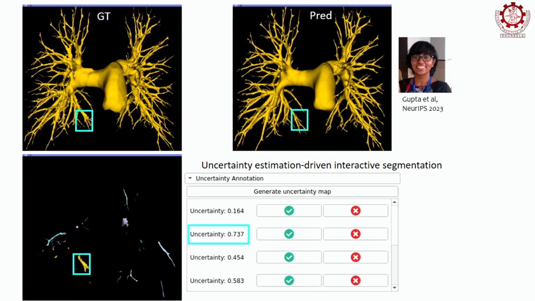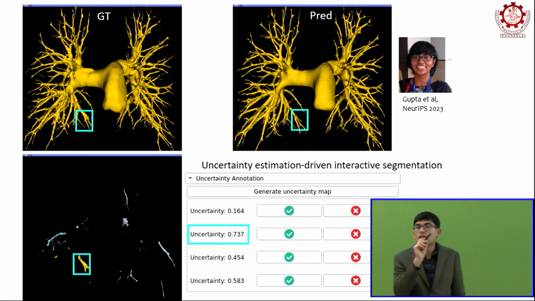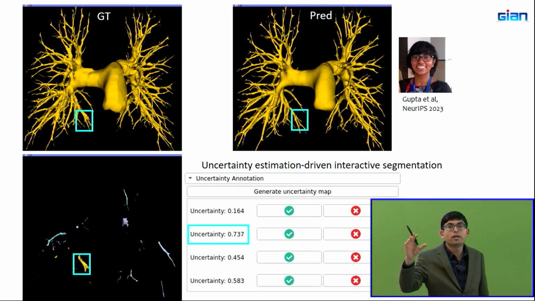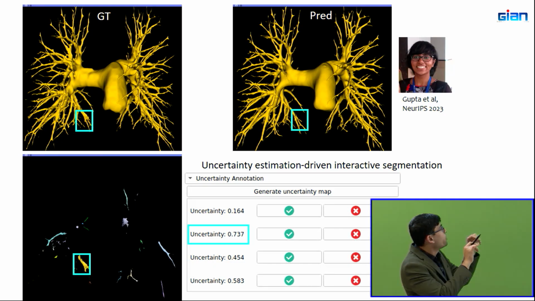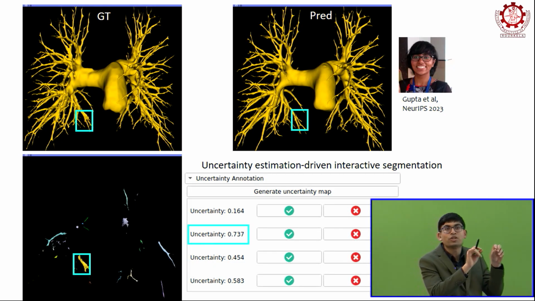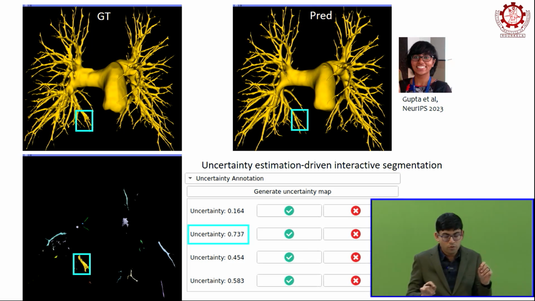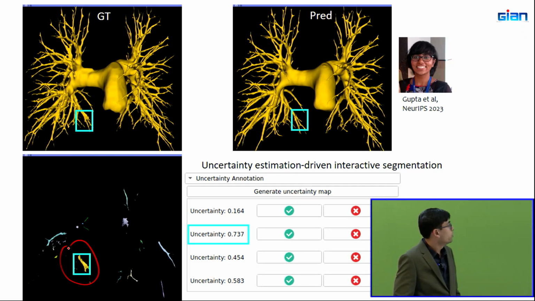certain regions on the left and the prediction regions on the right. If you look closely, you can clearly see these subtle differences in the blood vessel patterns. Even though in the bigger picture it looks very similar, you will see certain branching differences, certain bifurcations which are different between the ground truth and the prediction, right? And those are the ones that I have noted down on the bottom part of the screen.